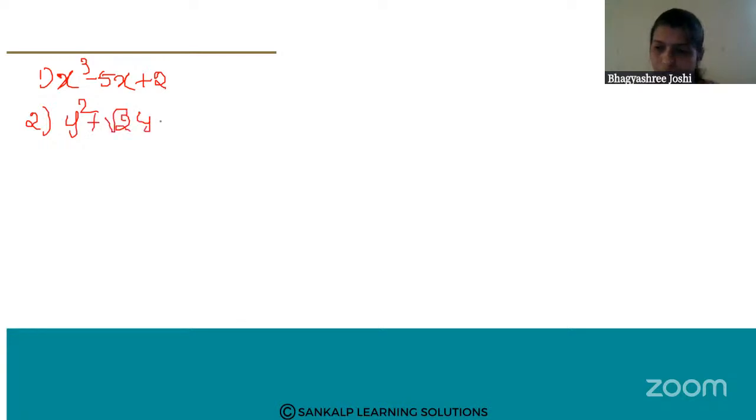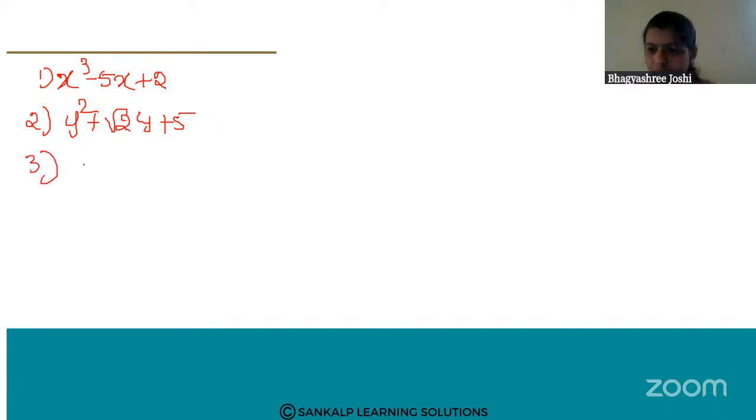Which of the following expressions are polynomials? I will write some expressions. You people have to tell me among those expressions, which are polynomials and which are algebraic expressions. Okay, ready? First one is x cube minus 5x plus 2. Second one is y square plus root 2y plus 5.